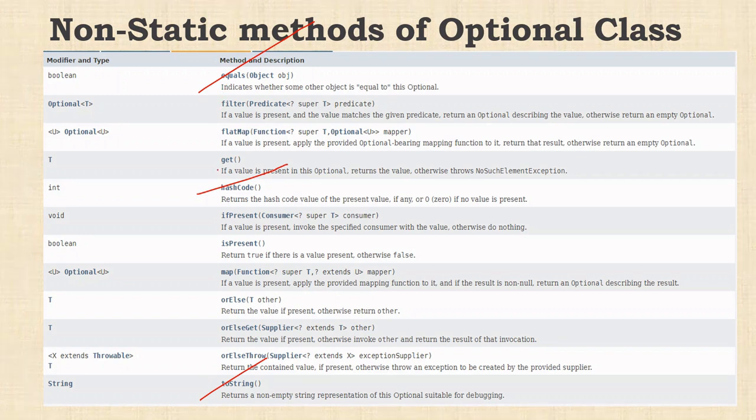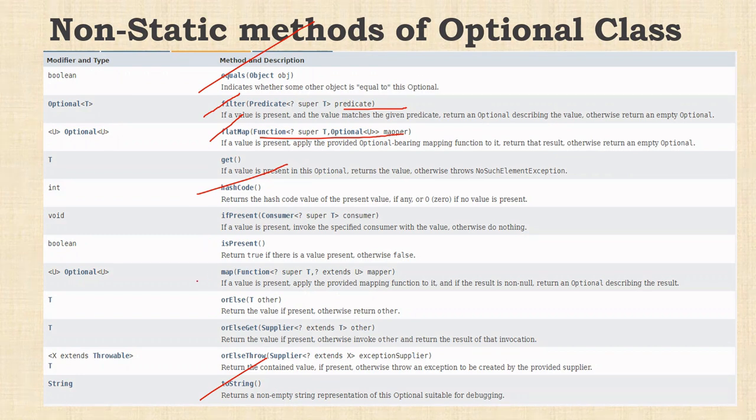Filter: in the Stream API we use filter to filter things. It takes one predicate and returns a boolean value, true or false. FlatMap we use to flatten the data, and it is also the same as in the Stream API.